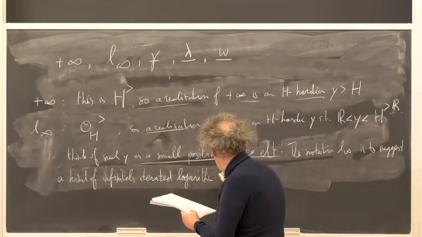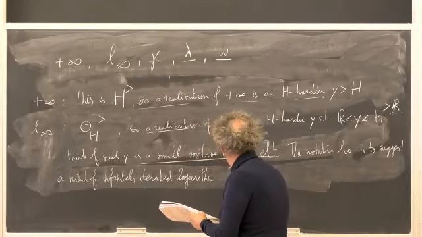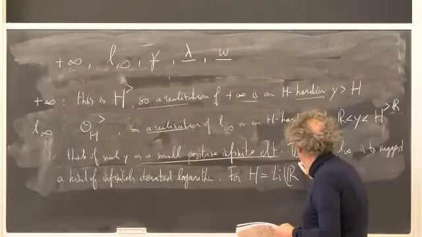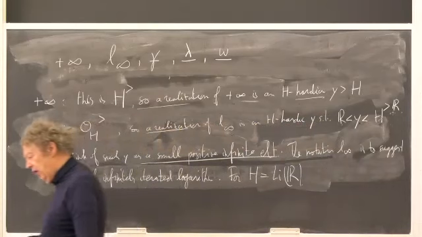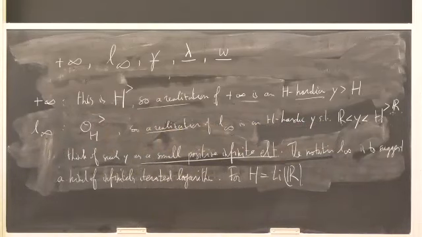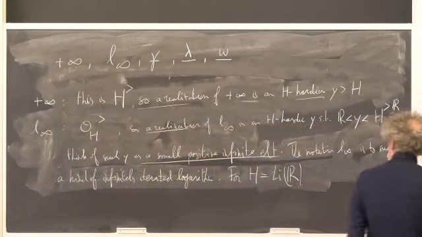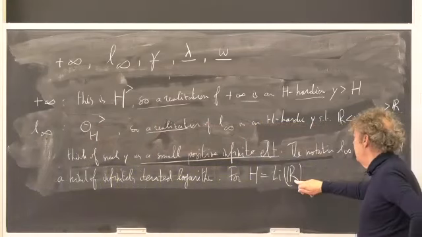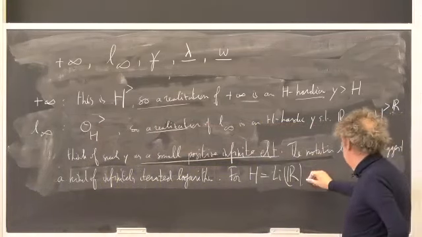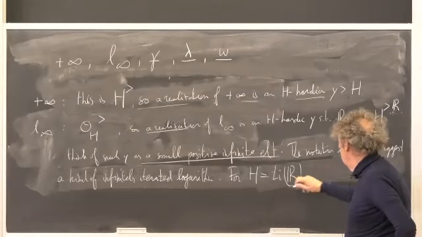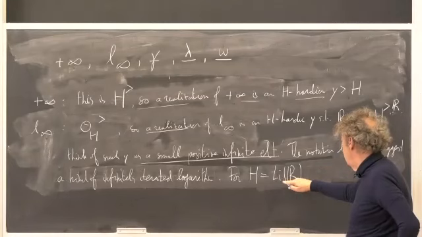And more precisely for H, let's say the Liouville closure of the reals. So the smallest Hardy field that contains the reals and is closed under antiderivatives and exponentiation. In particular, it contains x itself. So all the iterated logarithms of x lie in here.